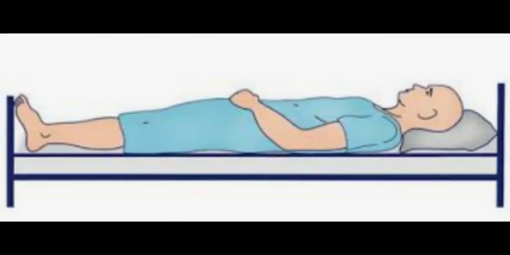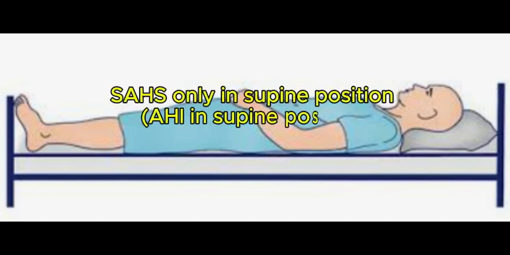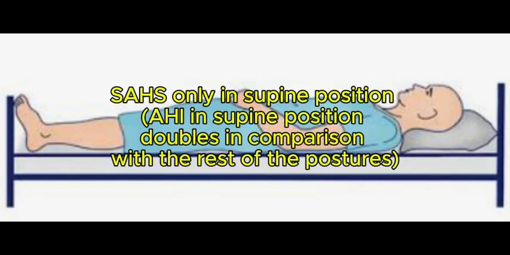Some patients only have apnea-hypopnea syndrome when adopting the supine position. It is defined when the AHI in the supine position doubles the one obtained in the rest of the positions.